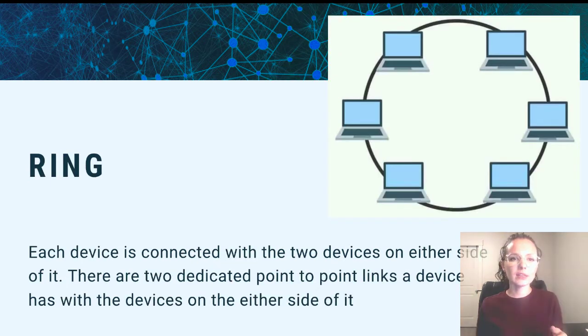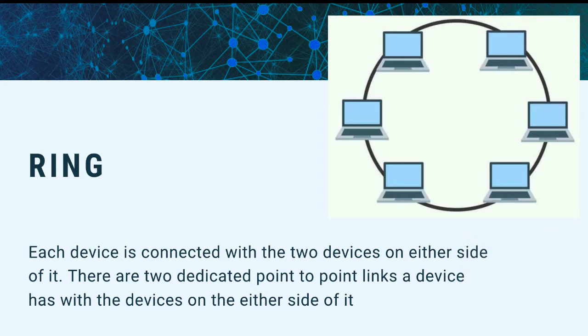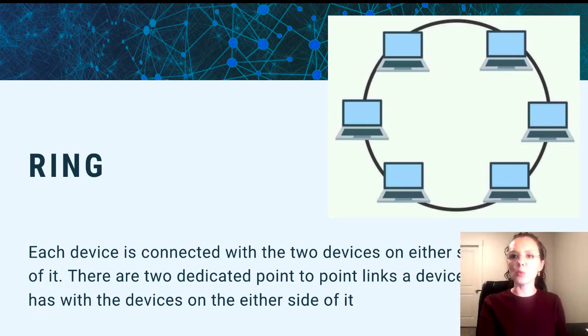Here we have a ring topology. So this is where each device is connected with two devices, one on either side. There are two dedicated point-to-point links a device has with the devices on either side. The data can travel through the ring network in either one direction or both directions, with each device having exactly two neighbors. So one positive thing about this topology is that it is cost-effective, like the bus one.